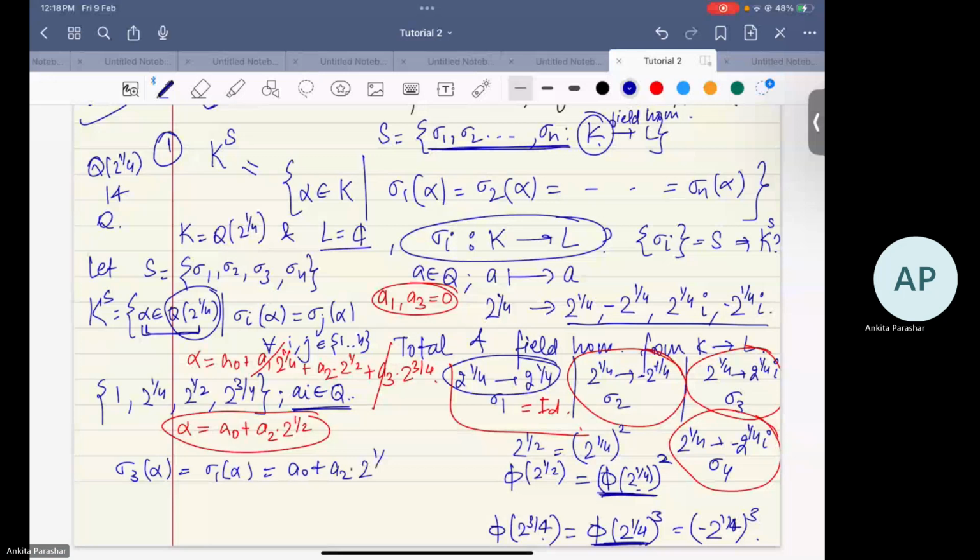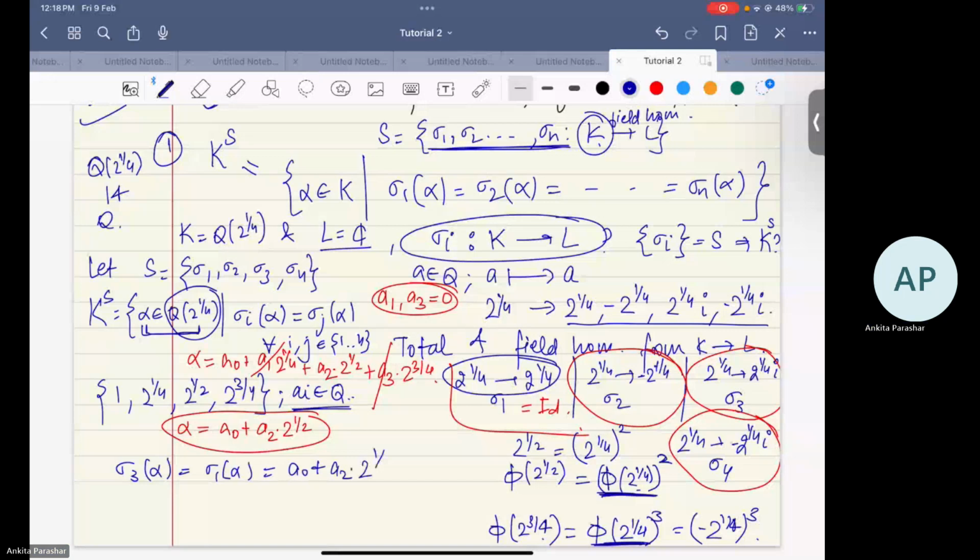Now, if we look at a general element of K, K means Q root 2, root 3, notice it has a basis like this: 1, root 2, root 3, root 2 root 3. Any element of this field can be written as a combination of these elements.